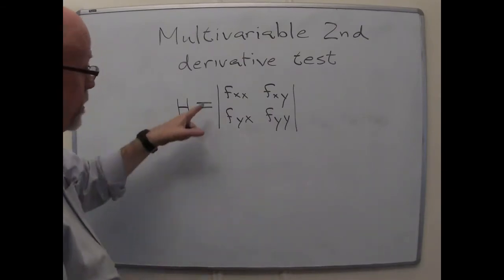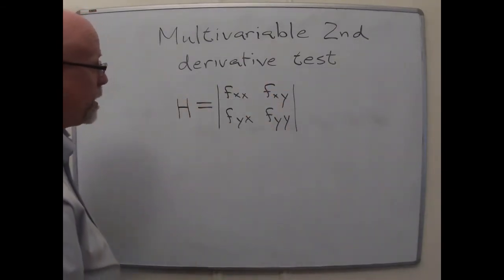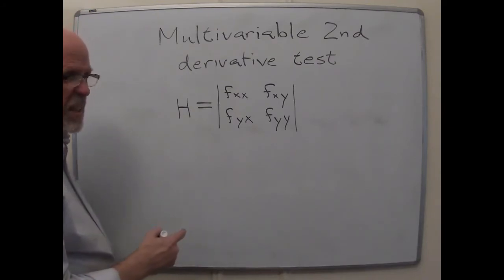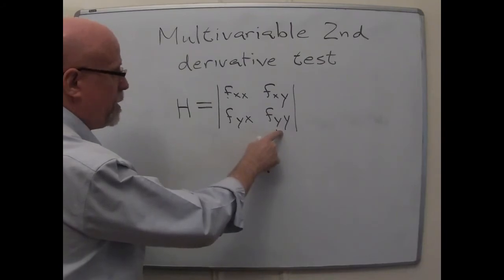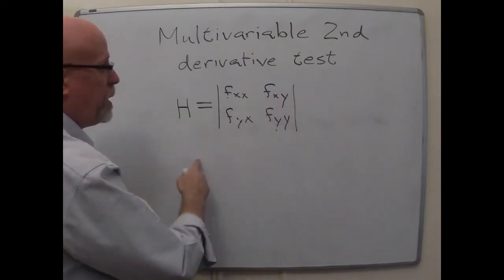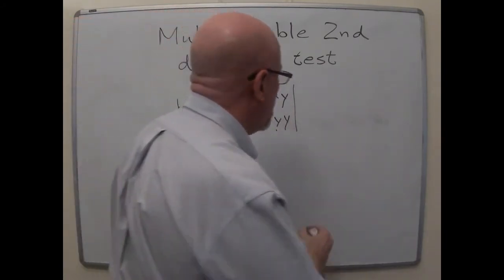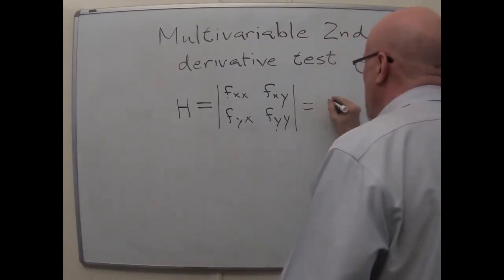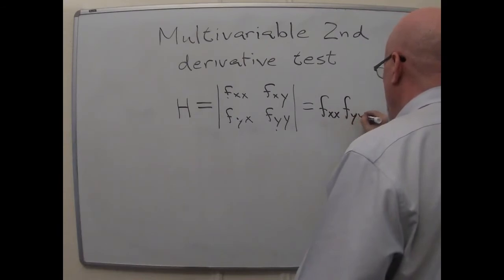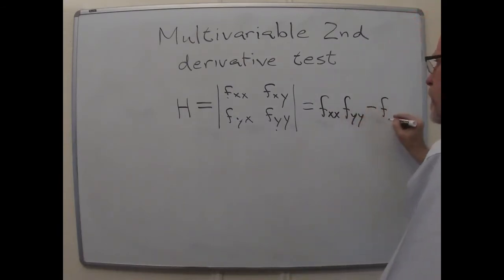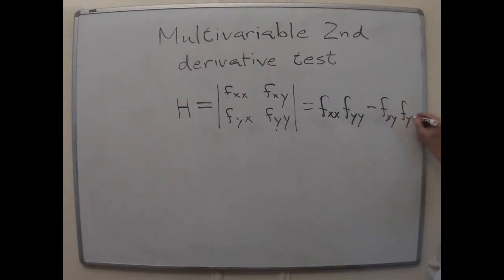Well, the determinant, which is what we mean by putting those absolute value bars around there, is just like that little calculation we do in cross products. You multiply this way with a plus sign, you multiply this way with a minus sign, and you subtract. So this is f sub xx times f sub yy minus f sub xy times f sub yx. But those guys are equal.